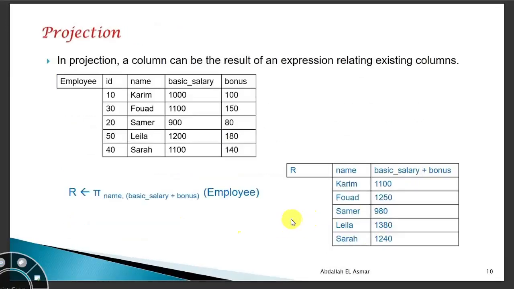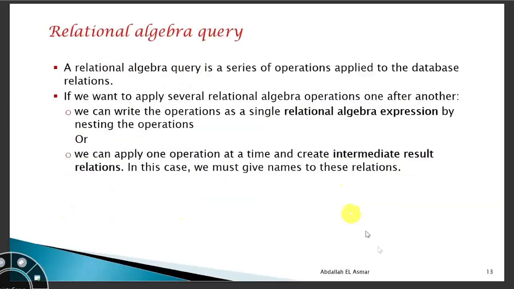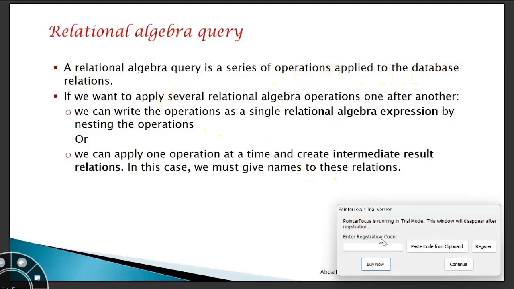So instead of doing this immediately, we immediately call employee name, salary on employee, and we will have here result as here. So a relational algebra query is a series of operations applied to the database relation.